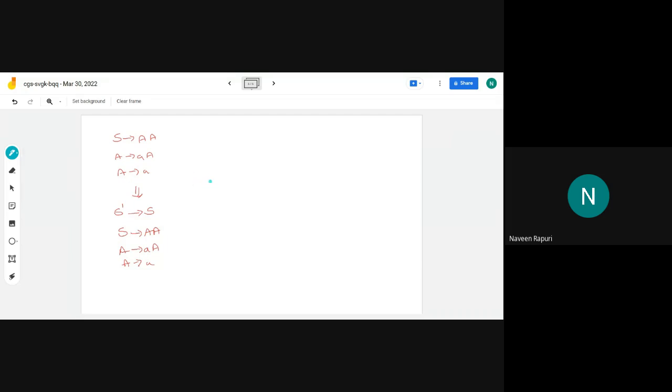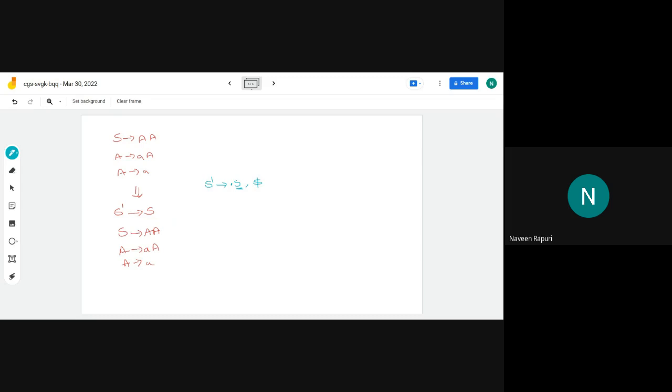So we'll see. S dash derives dot S. This is the first production. First of all, we need to add the lookahead symbol, that is dollar.